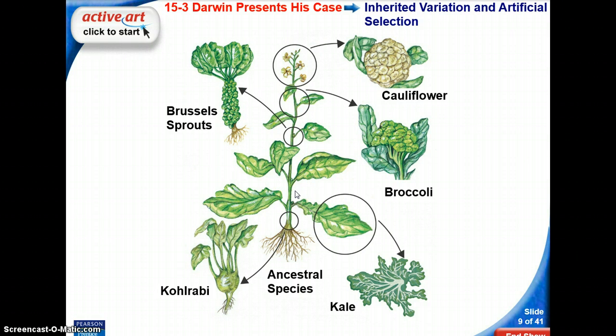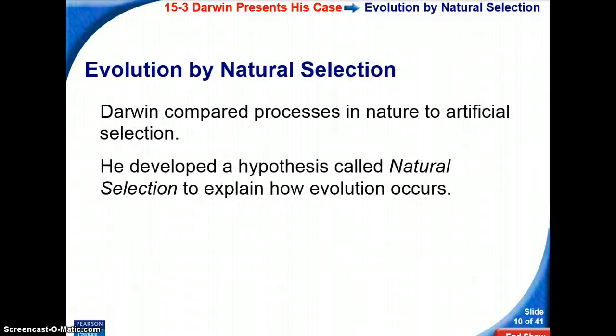The breeders, the gardeners or the farmers were looking for a specific type of vegetable and they would breed for that vegetable. And now we have those certain vegetables. So that's just an example of artificial selection. Now there is evolution by natural selection. This is a theory that Darwin has in place.